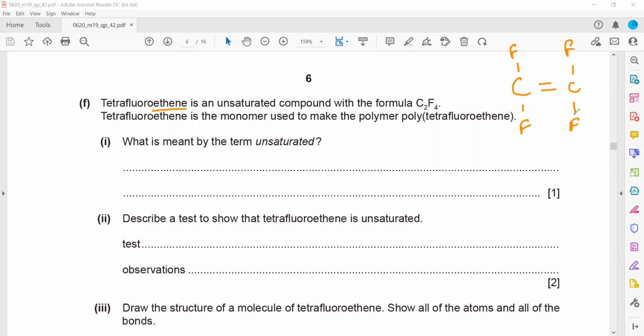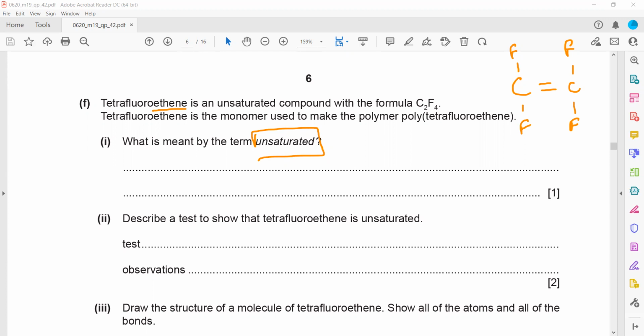What is meant by the term unsaturated? In organic chemistry, the term unsaturated means the compound contains a carbon-carbon double bond. So if there is a carbon-carbon double bond within a compound, we call that an unsaturated compound.